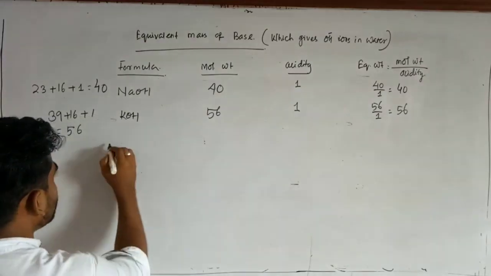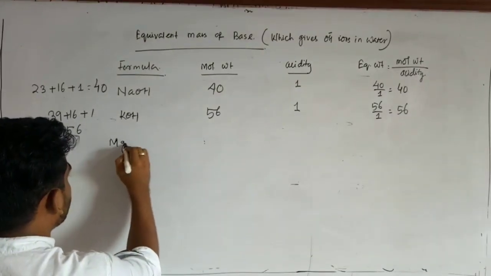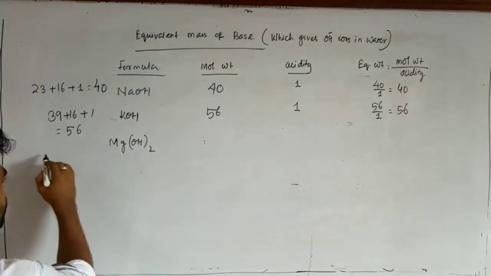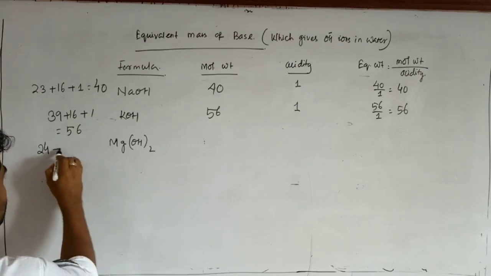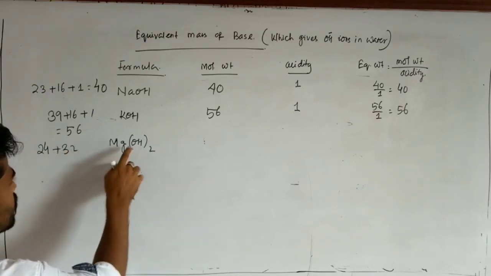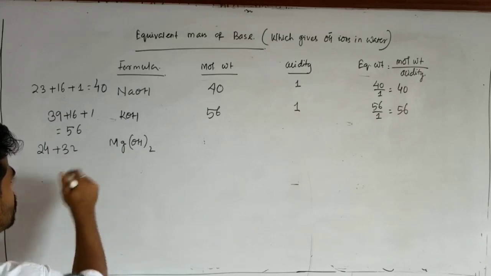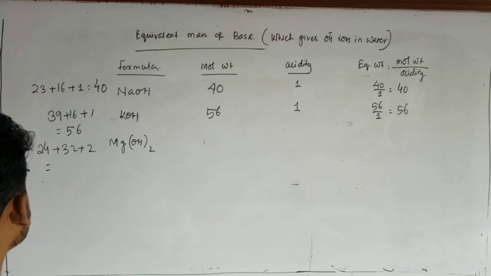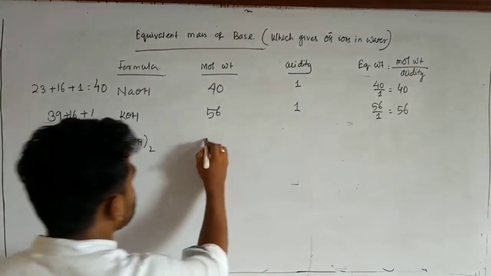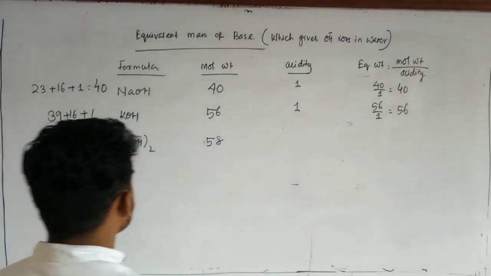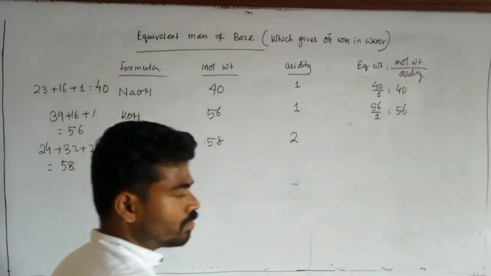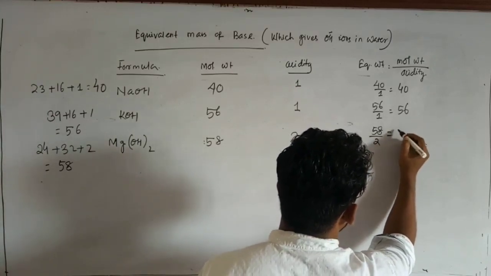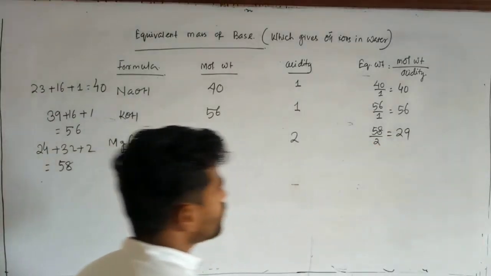Let's say magnesium hydroxide. Its molecular weight: 24 plus oxygen 16 into 2, 32, plus 2, that will be 58. So molecular weight is 58, but acidity will be 2. So 58 upon 2 is equal to 29.